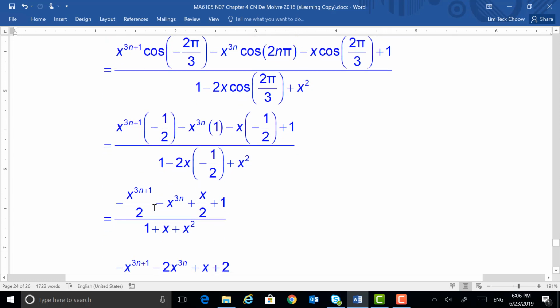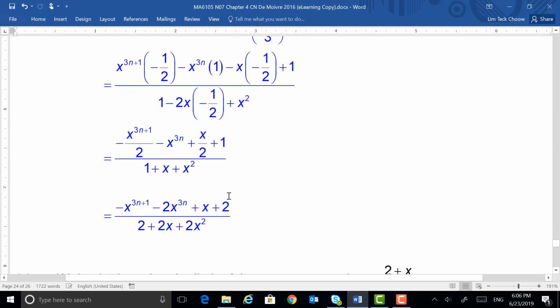From this line to this line is just arithmetical, just tidying up. Like this and this gives you a plus, you pull out a minus, and then now you tidy up this denominator, you get this nice expression, and one more line of tidying up leads you to this expression.